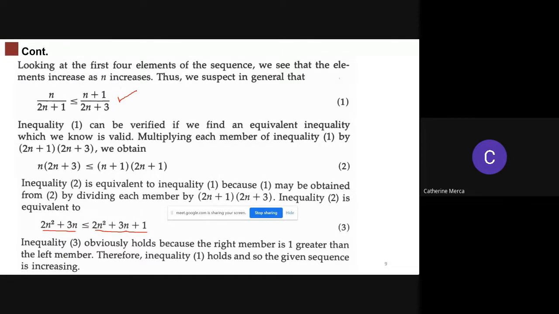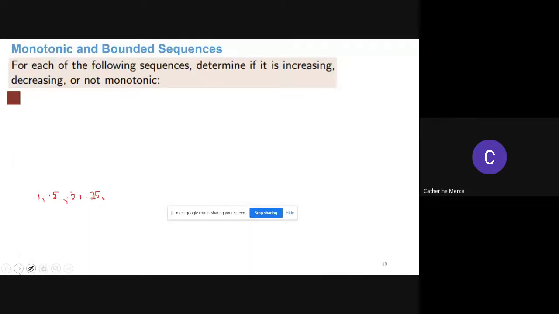About the next problem, you are asked to determine whether this is increasing or decreasing. What's the first term? When n equals 1, what will you have? 1, ma'am. When n equals 2, you will have 1/2, correct? Then 1/3, then 1/4.